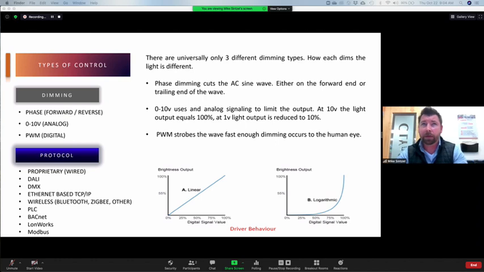Wireless protocols used for LLLC are linked to drivers inside fixtures and are commonly dimmed with pulse width modulation currently here over 0 to 10. It's notable that that's the way LLLC has evolved here with 0 to 10 and pulse width modulation.